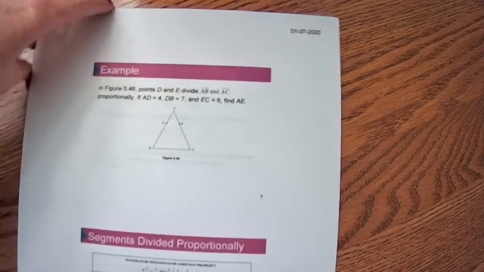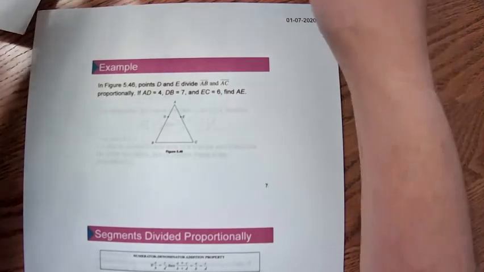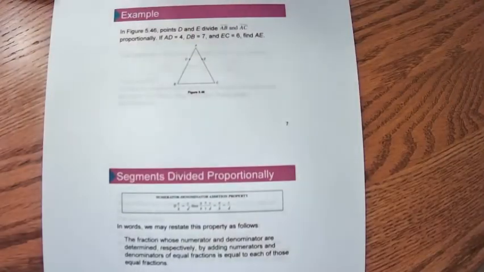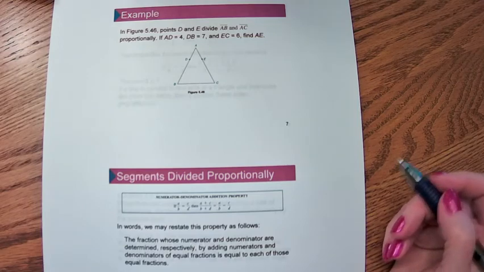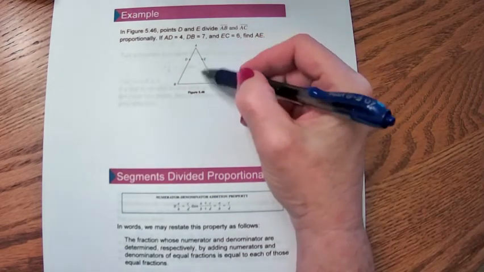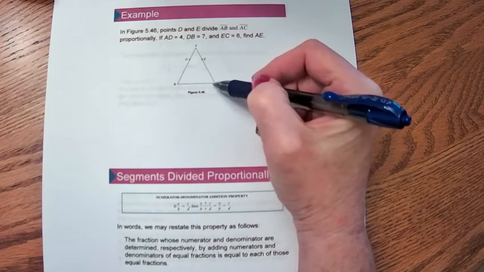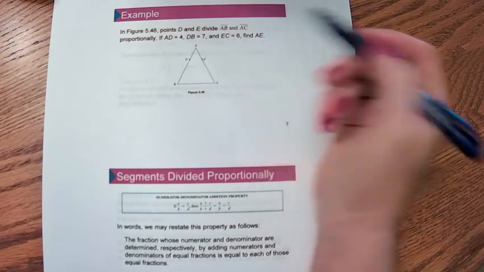What about if sides of polygons are divided proportionally? You just have to set up your proportion correctly. So here we have triangle ABC.